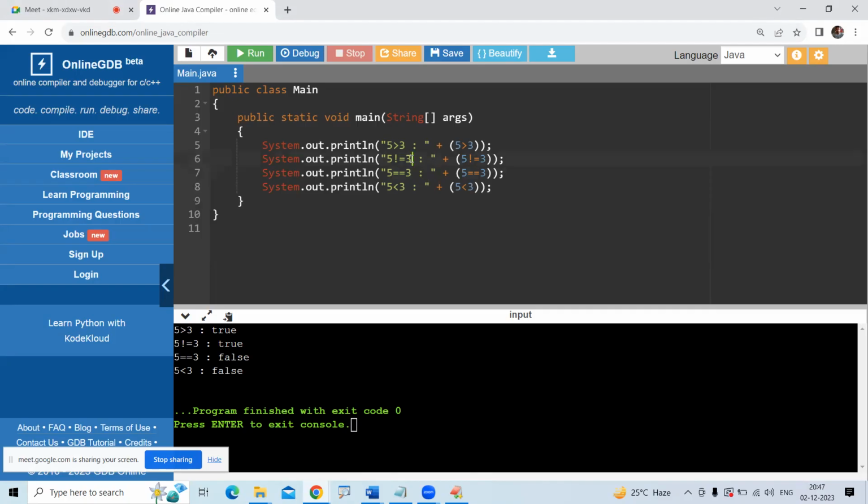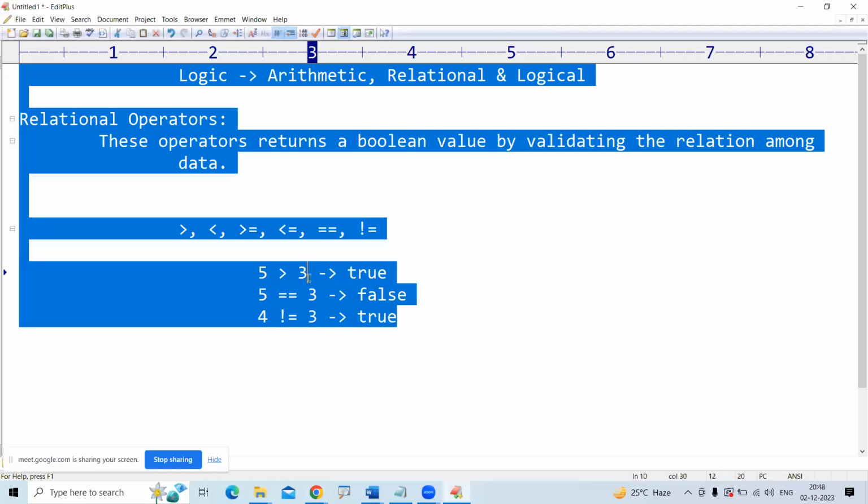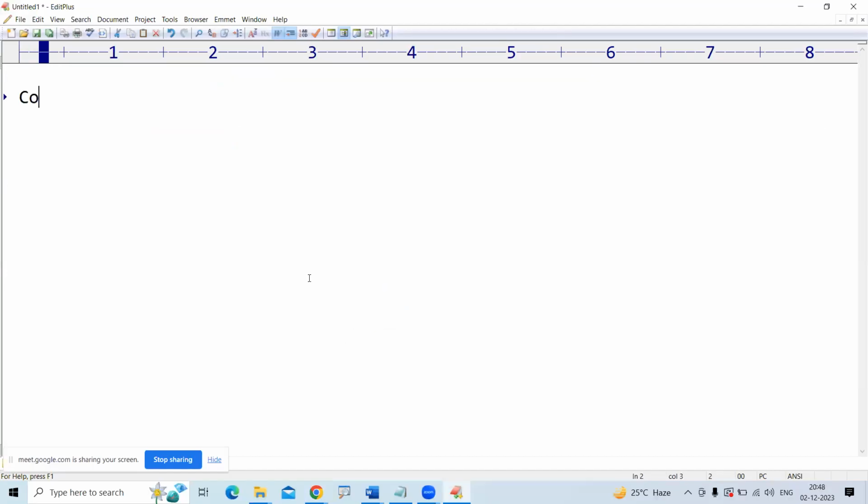After completion of relational operators, what kind of questions will they expect? Very simple. The questions will be like this. Please write the condition to check the number is positive.